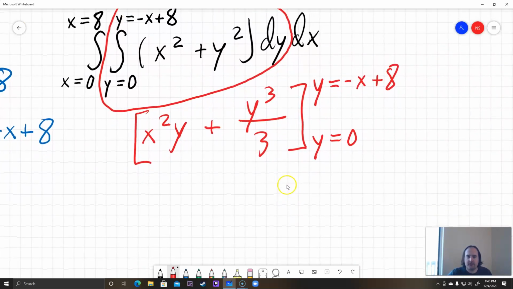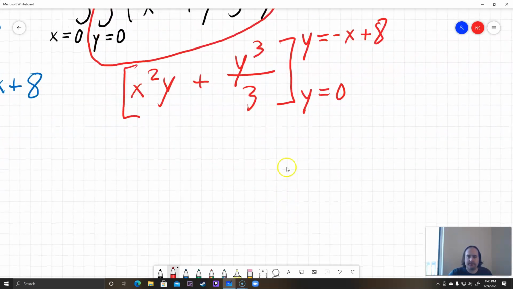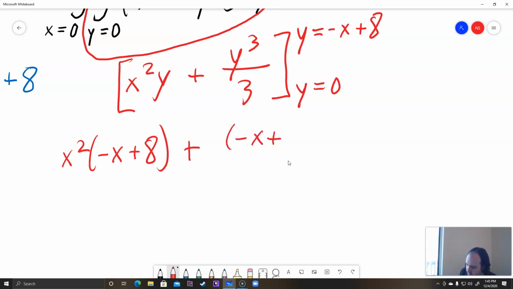Okay, so what we have to do now is we actually have to plug in negative x plus 8 here. So plugging in for y, we're going to get x squared times negative x plus 8 plus negative x plus 8 quantity cubed all over 3.